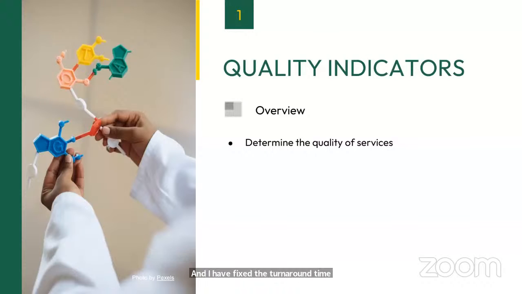Now I have achieved 100% of reports within 5 hours. To improve quality further, I reduced it to 3 hours. After a period of 6 months, I achieved the turnaround time of 3 hours also. I want to go one step ahead, so I have now put my target turnaround time at 1 hour.